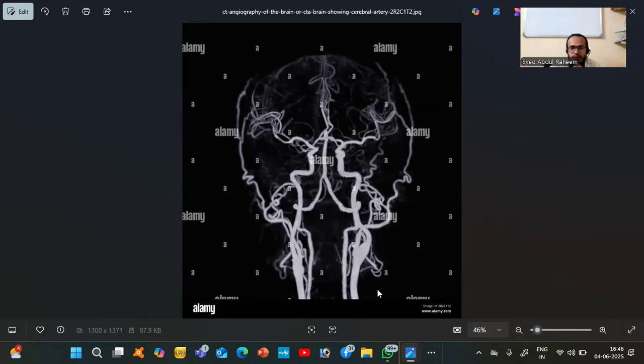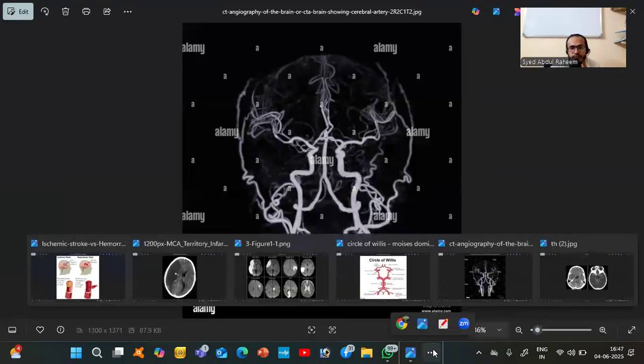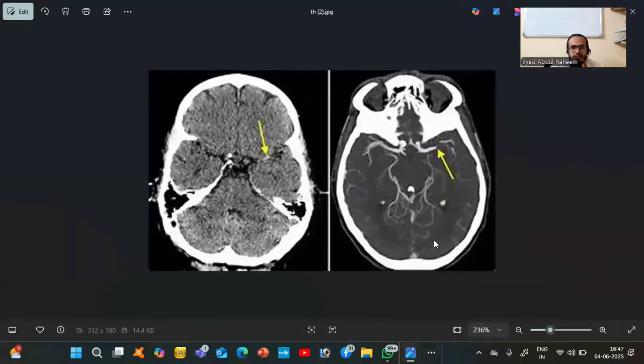But now we'll look at the MCA, middle cerebral artery. This is the middle cerebral artery, which is coming here. You can see that this is a large occlusion blockage. So in this image, you are saying there is an occlusion in the middle cerebral artery.